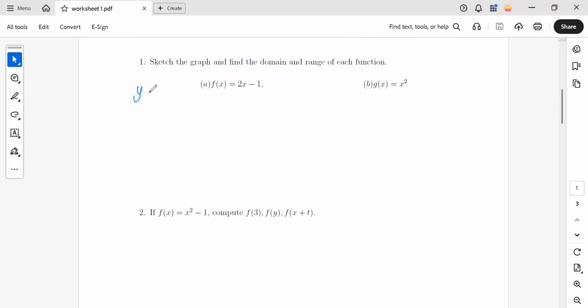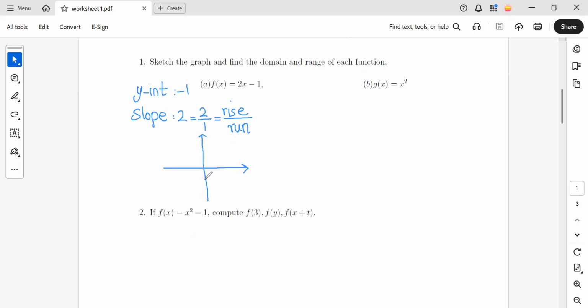So I would choose the y-intercept here, which is -1, and the slope is 2, which is the same as 2 over 1, and it is rise over run. Since both of them are positive, we have 2 units to the top, 1 unit to the right.